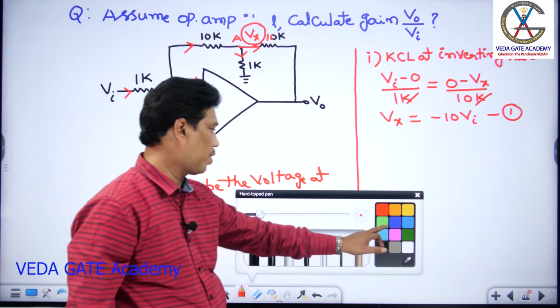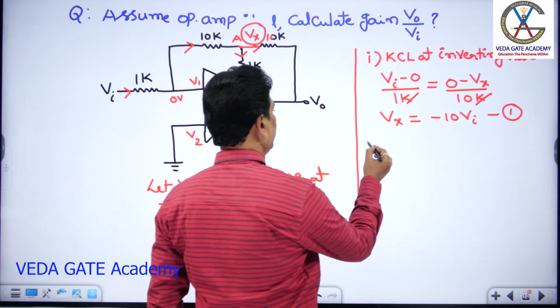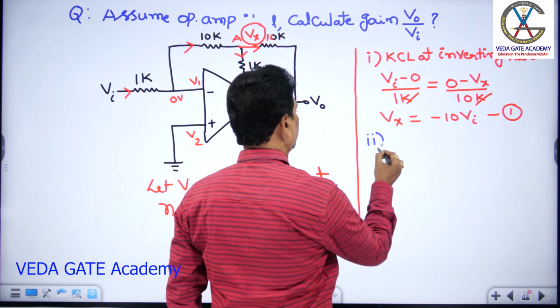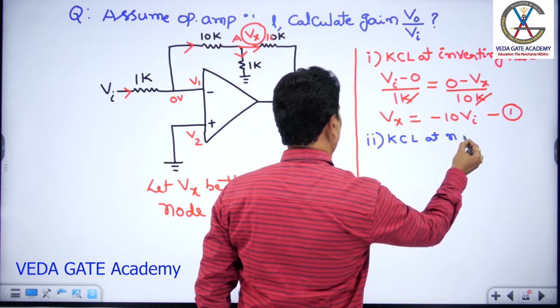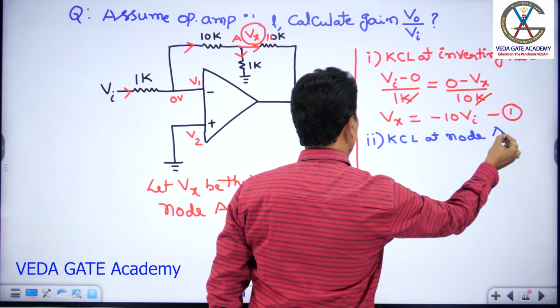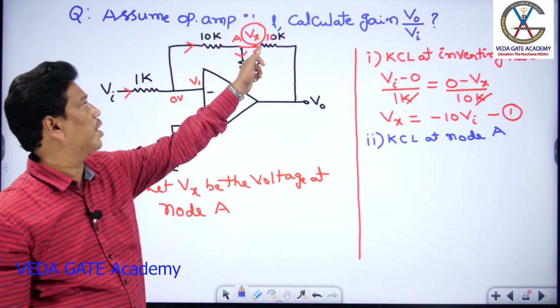Now I check again with KCL at node A. At node A there are 3 branches. One is incoming, the remaining 2 are outgoing.